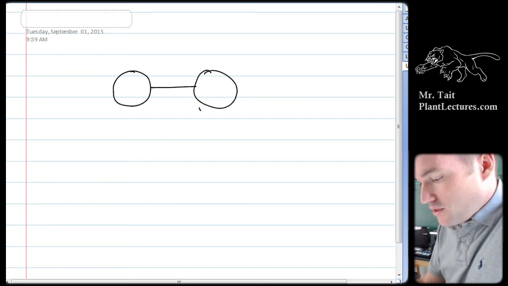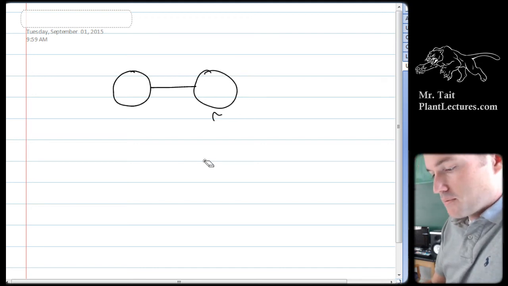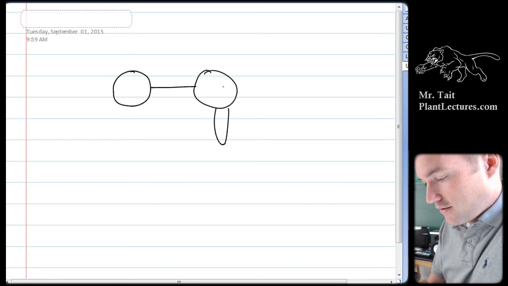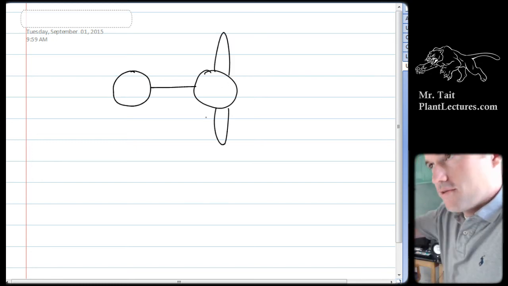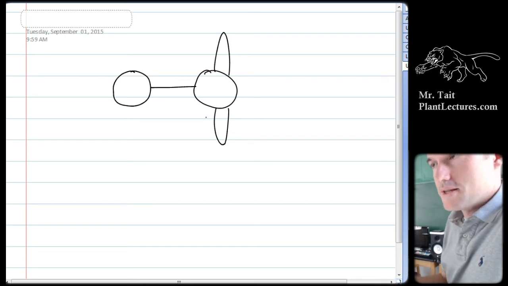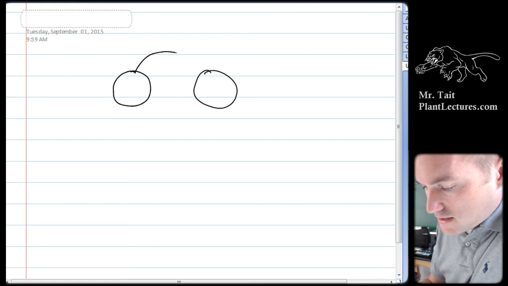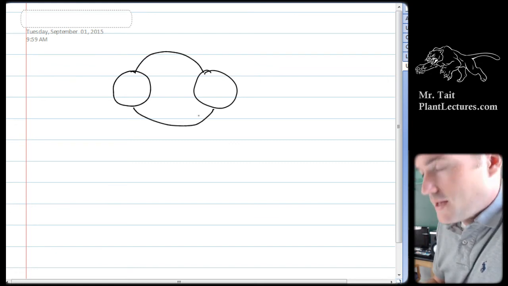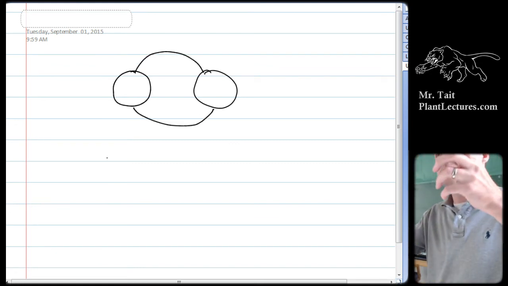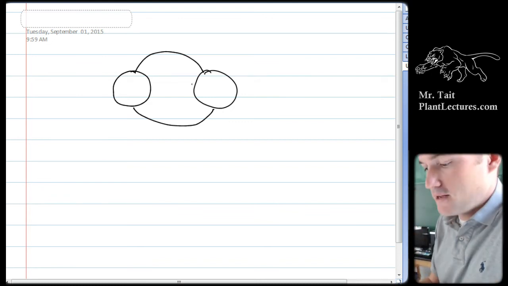So this can rotate around like this, right? If this was like a propeller or something like that, then it could spin on that bond, right? A single bond does that. But if it's a double bond, the double bonds come out of the side like this. And so this is locked in place. Double bonds are very rigid, whereas single bonds are spinny, right?